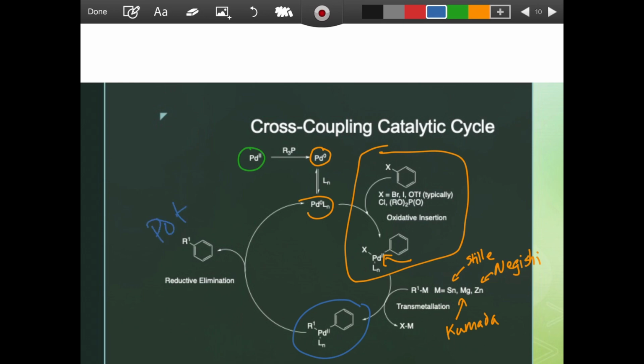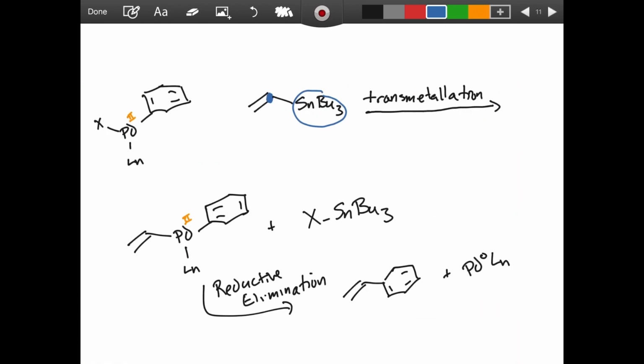And we regenerate our palladium 0 to do oxidative insertion again, right? So that is kind of the whole catalytic cycle. So the transmetallation works pretty much the same for tin, magnesium, and zinc.